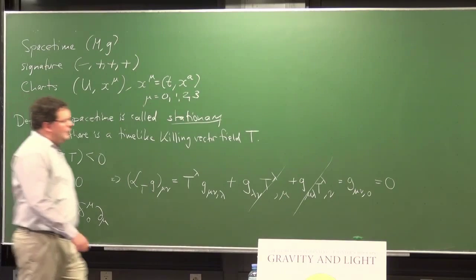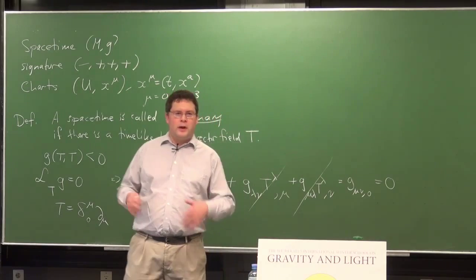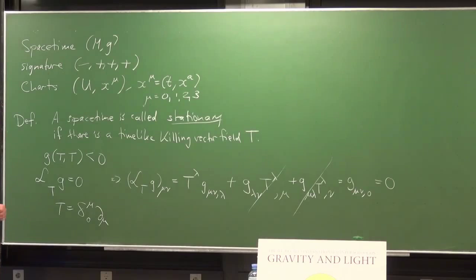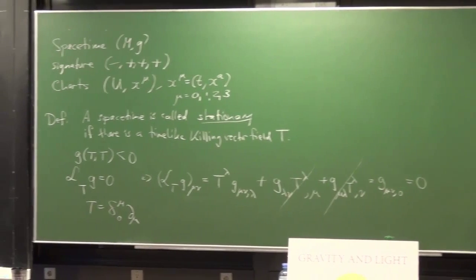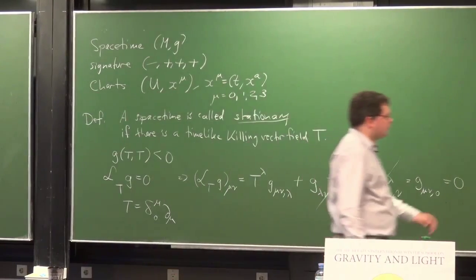But we see now that the metric components do not depend on time. So I should rather say we can find a coordinate system in which the metric components do not depend on time. That's the stationary vector field. So we can now write down the most general stationary spacetime.